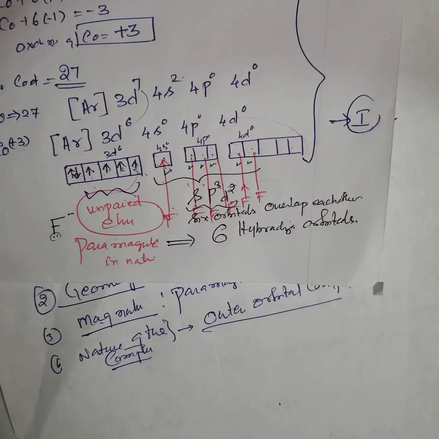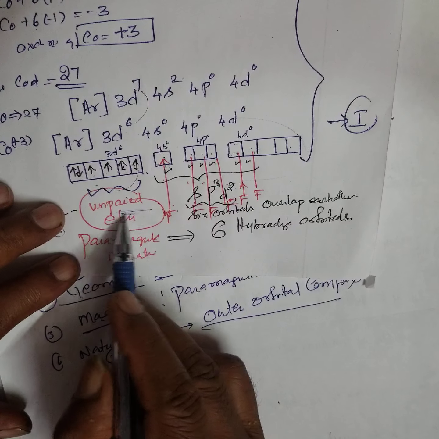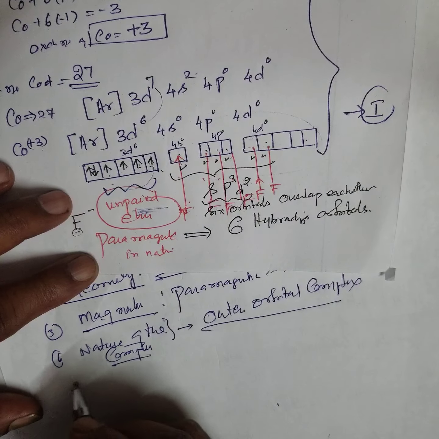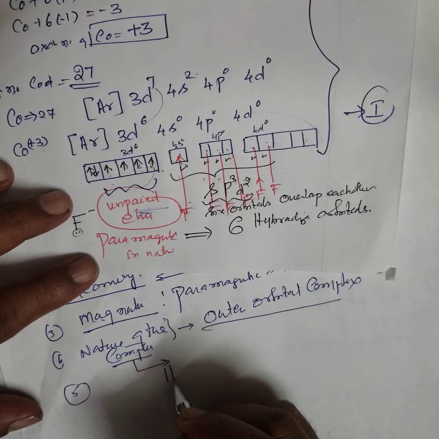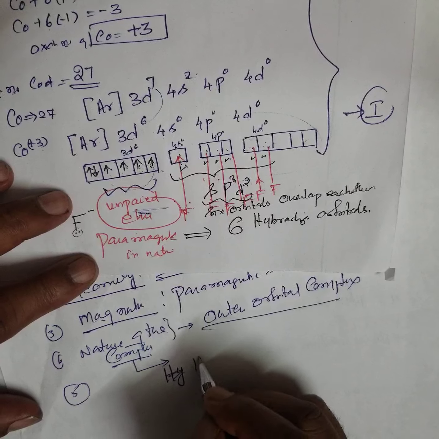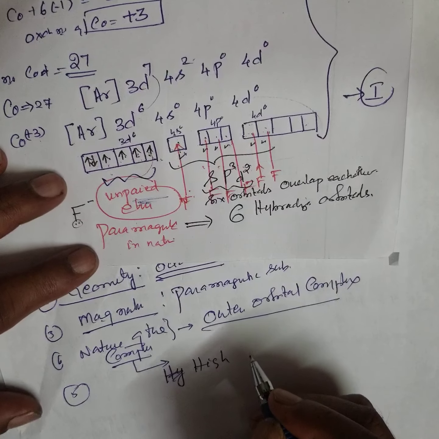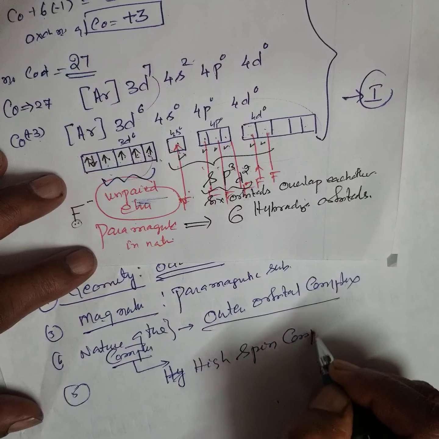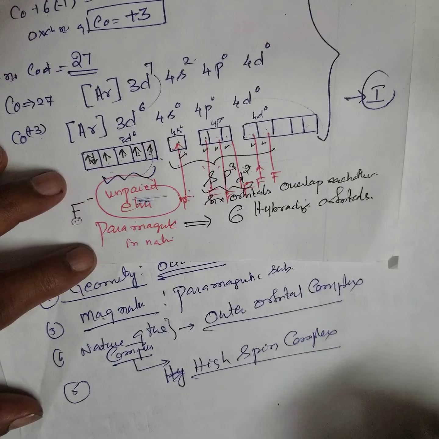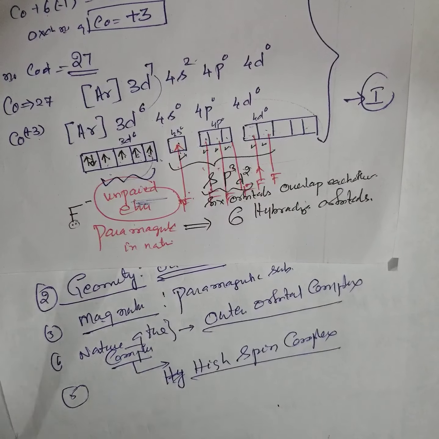Is it clear? Since there are unpaired electrons, what type of complex? High spin complex. It is a high spin complex.